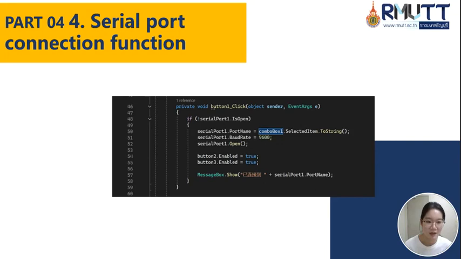Sets the baud rate to 9,600 to match the Arduino, and enables the control button after a successful connection, allowing the user to send control commands.